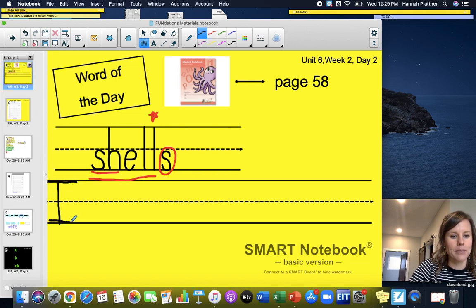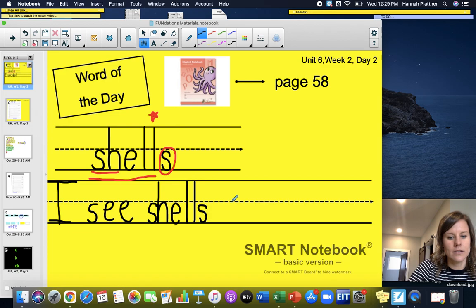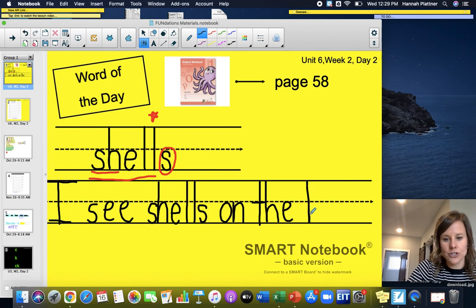We start our sentence with a capital letter. I see shells on the beach.